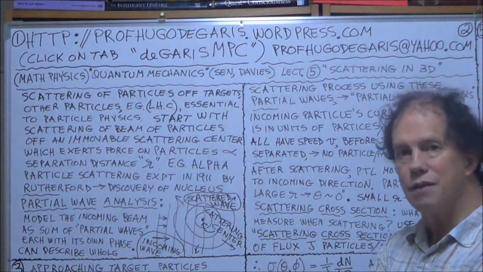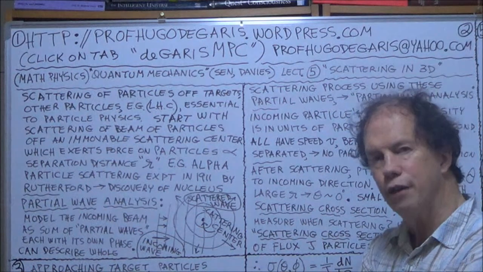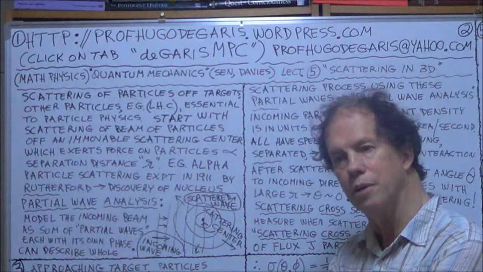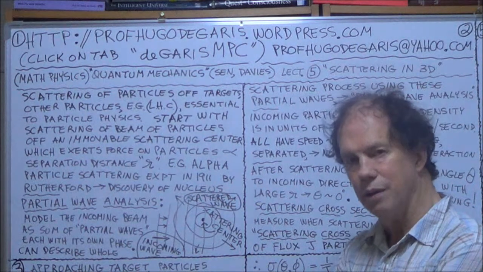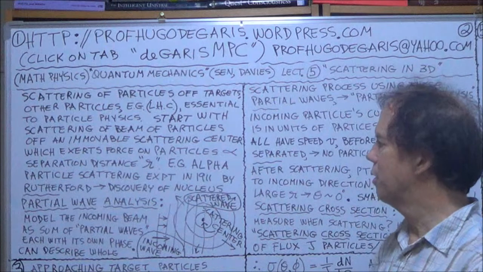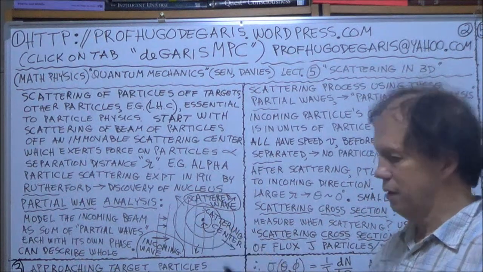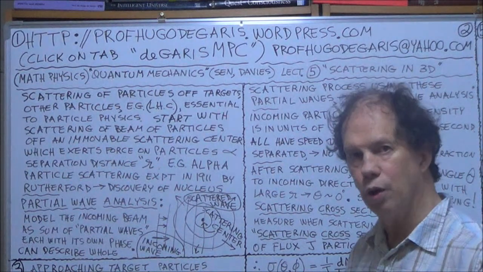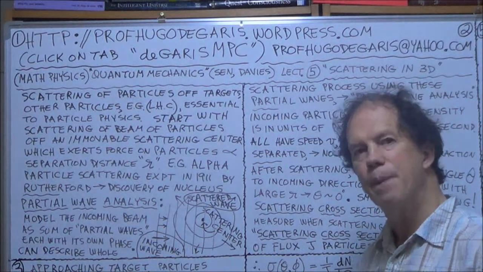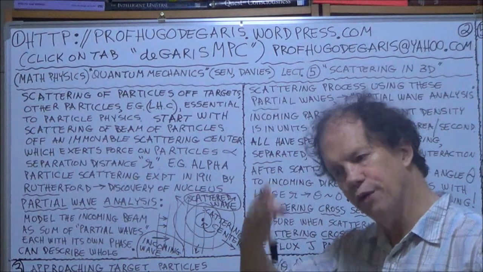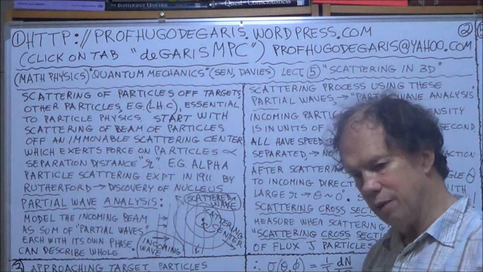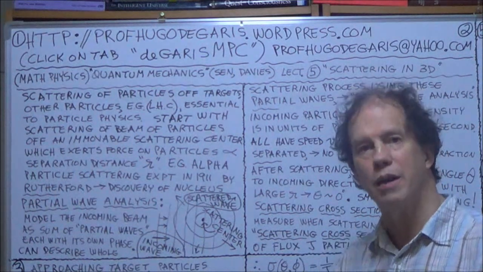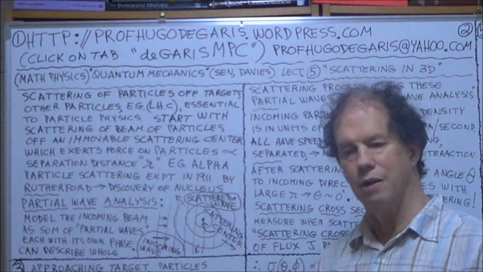He shot alpha particles, which are just helium nuclei, helium atoms without the electrons, at gold, a very thin gold foil, and was deeply surprised when some of his alpha particles shot right back, as though the target they hit was extremely heavy.